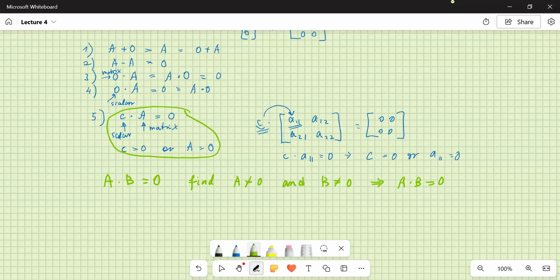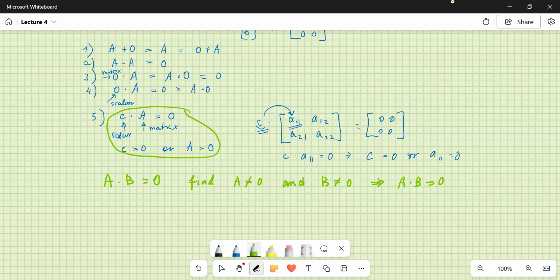Create an example which is going to be a counterexample to the statement that either A is supposed to be equal to 0 or B is supposed to be equal to 0. Remember, one way to disprove a statement is to find a counterexample. Just find a counterexample.